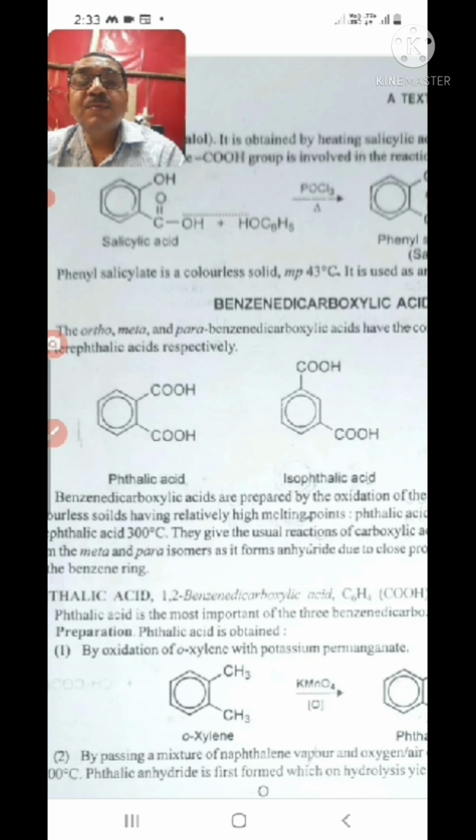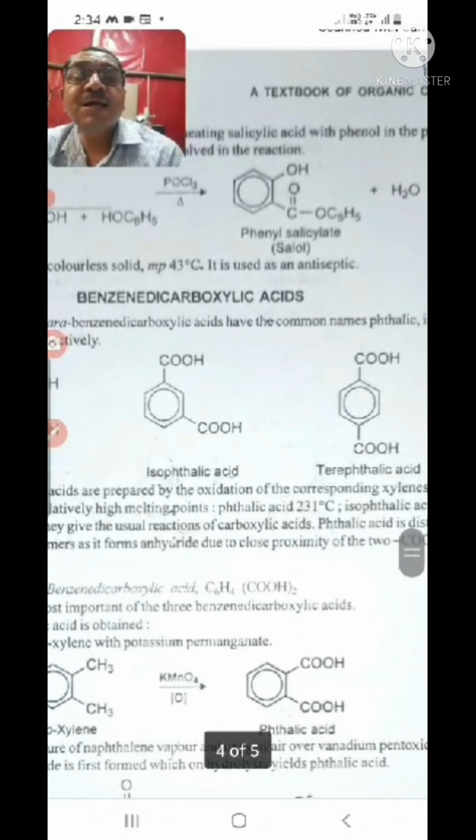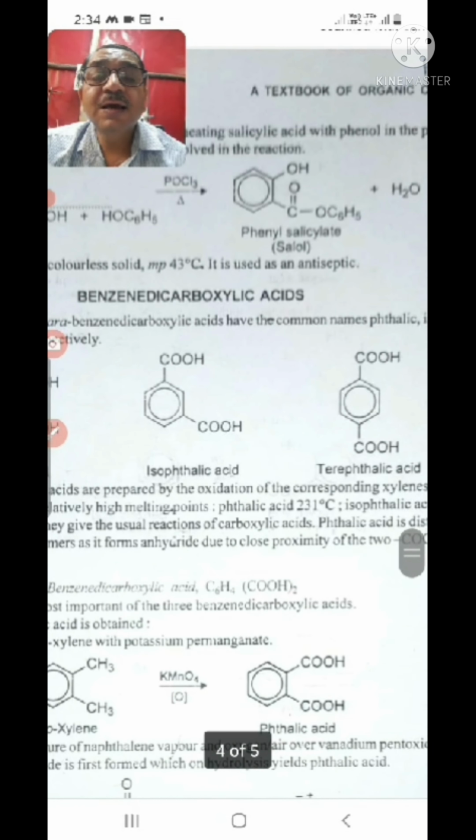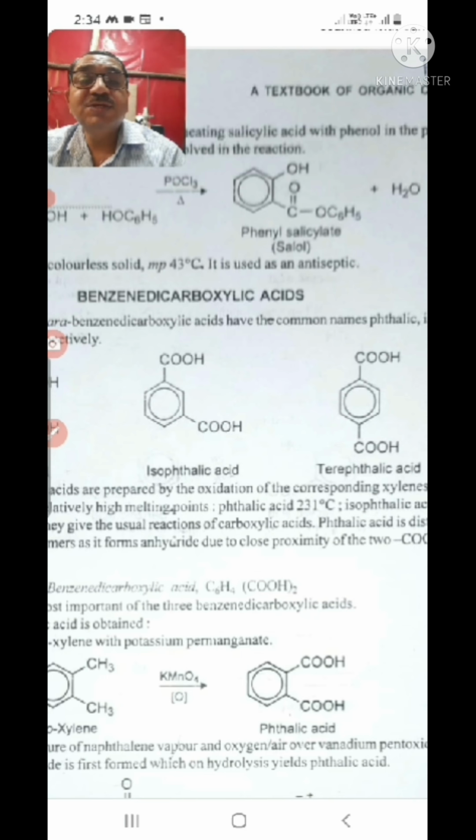Other dicarboxylic acid, when ortho substituted carboxylic acid is there, we call it as phthalic acid. When meta and para are there, they have other names, isophthalic acid and terephthalic acid.